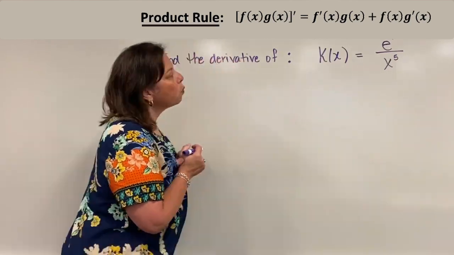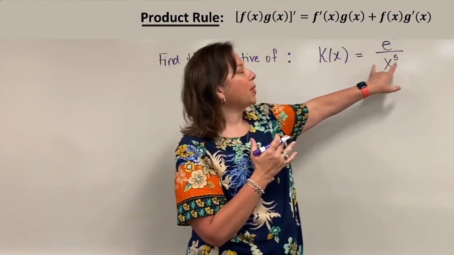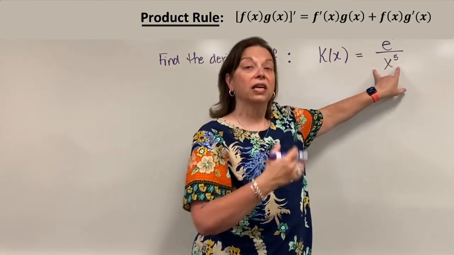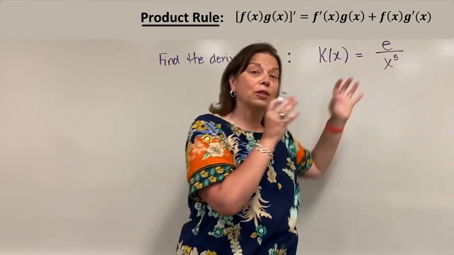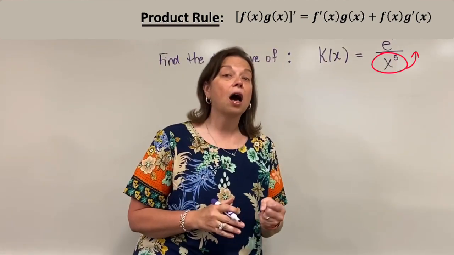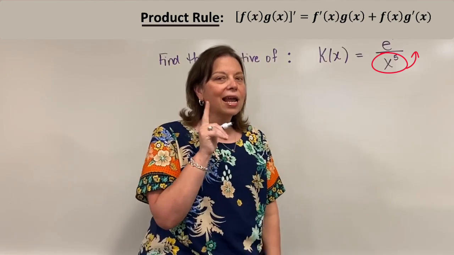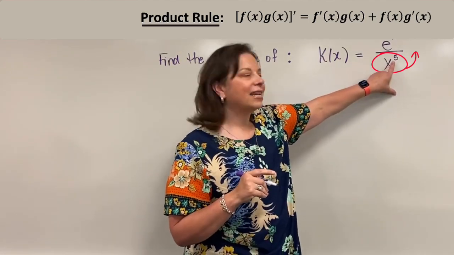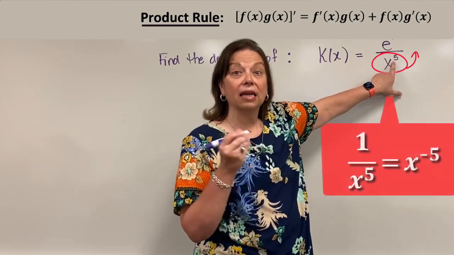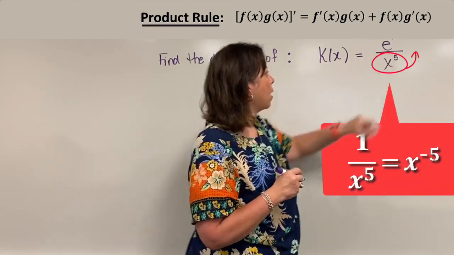So let's see. What you need to notice is that my denominator happens to be x to the fifth. It has a power. What I can do is just bring that whole function up to the numerator alongside the e to the x. But when I do that, I need to negate the power, make it a -5 when I switch it around.